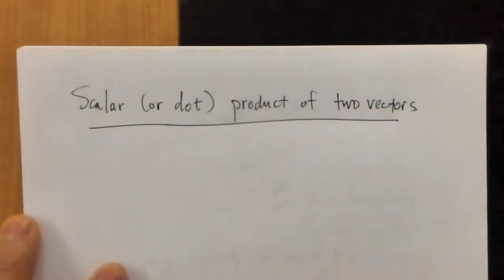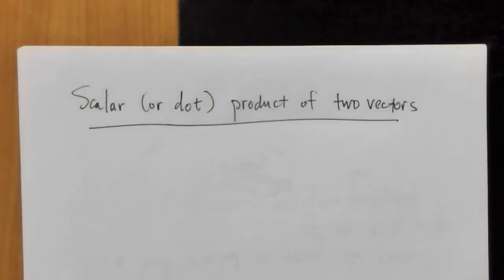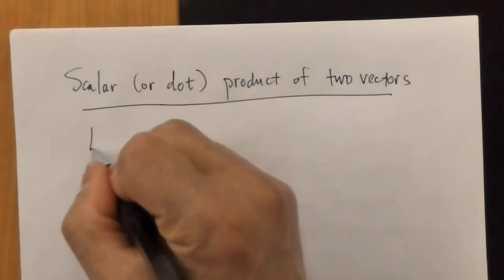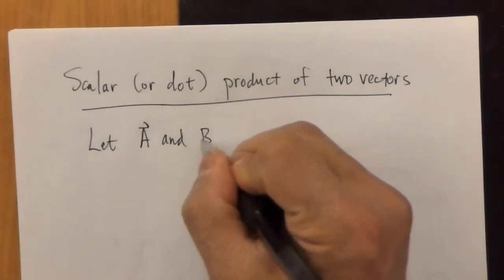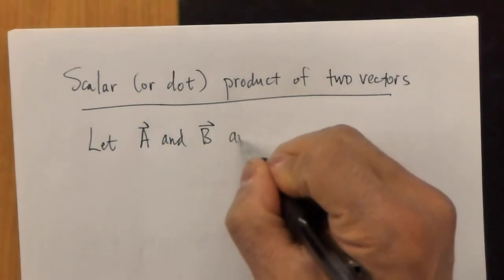Okay, so in order to define it, you need two vectors, you dot them together, you make a scalar product of the two. And so let's say A and B are vectors.